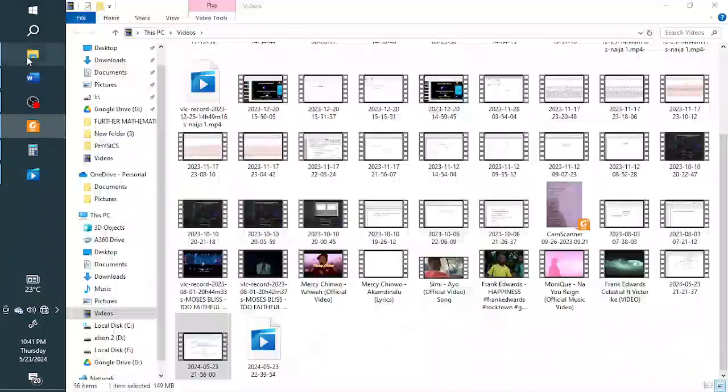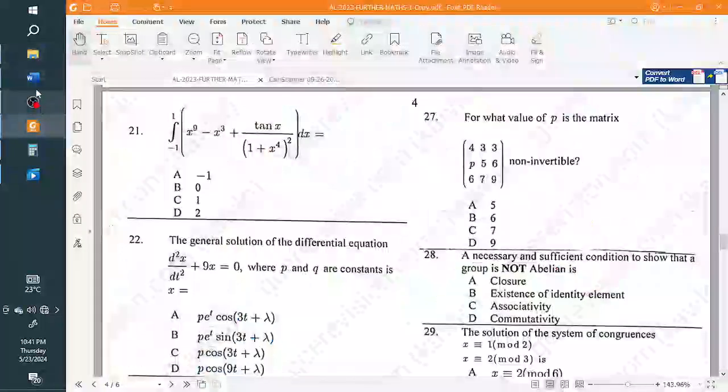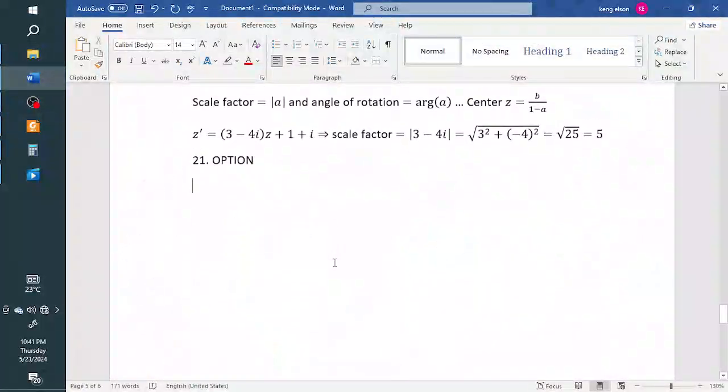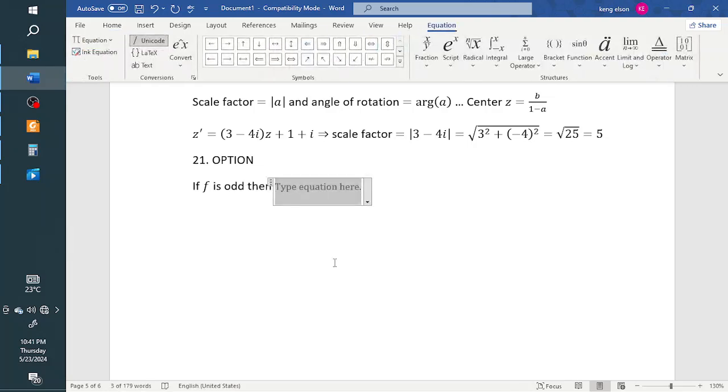Now I'm going to write that if f is odd, then the integral from -a to a of f of x, where f is continuous in the interval -a to a, is equal to 0. Alright, and let's talk about even.